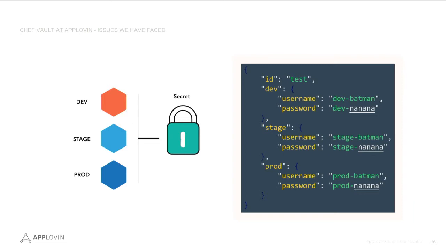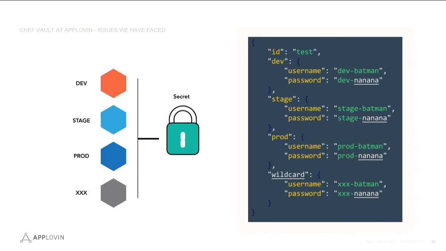Or you can go to stage and just have those nodes only access the secrets for that grouping. And you can also have a wildcard for, let's say, a data center that you might have, or another environment before staging, before prod.